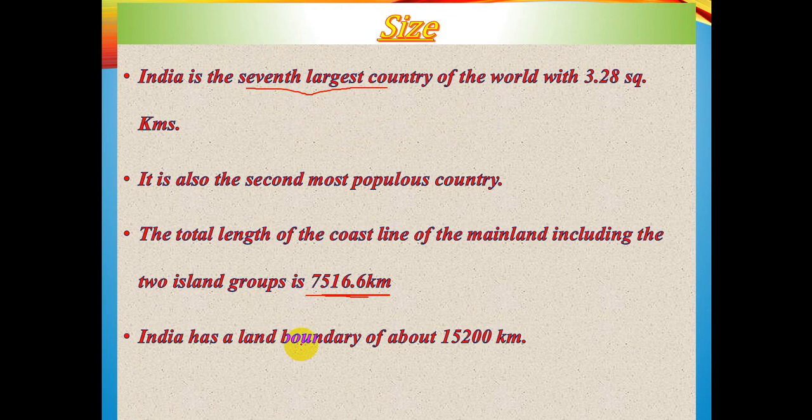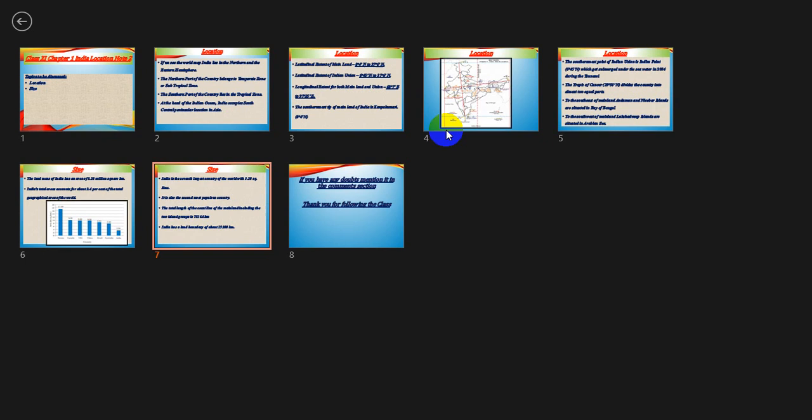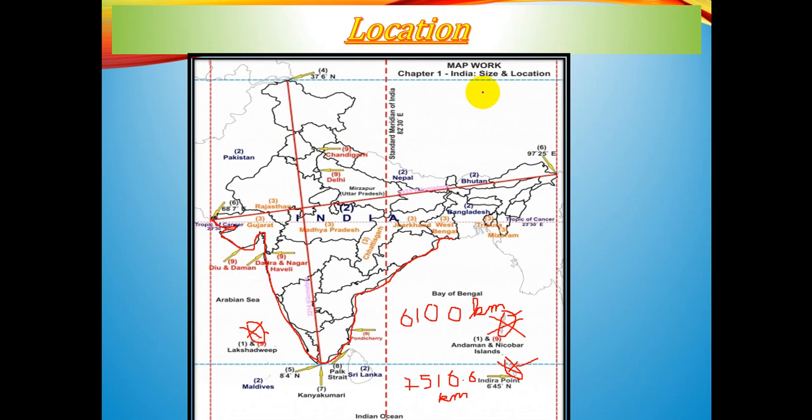India has a land boundary of about 15,200 kilometer. Now if we just see the map, what is the total land boundary? We started from that part of Gujarat covering Rajasthan, Punjab, Jammu and Kashmir. Then gradually we proceed to parts of Himachal.